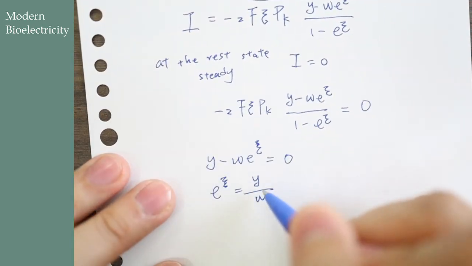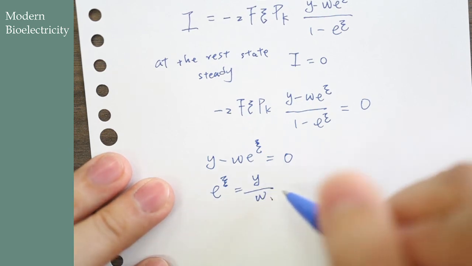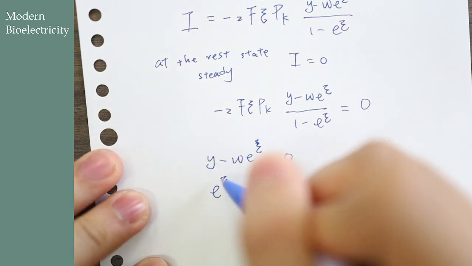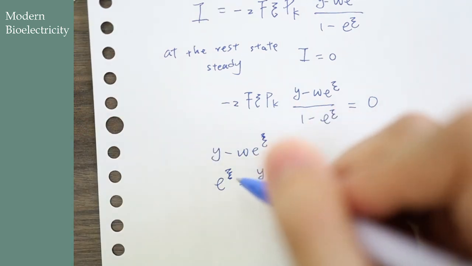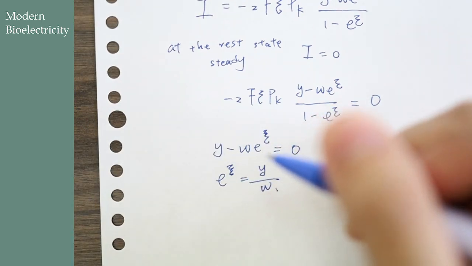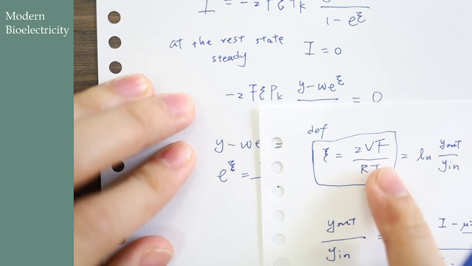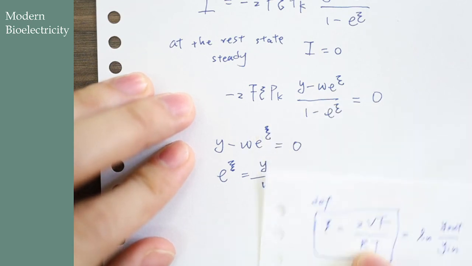So EC is equal to Y divided by W, and this EC is equal to e to the ZVF divided by RT, right?